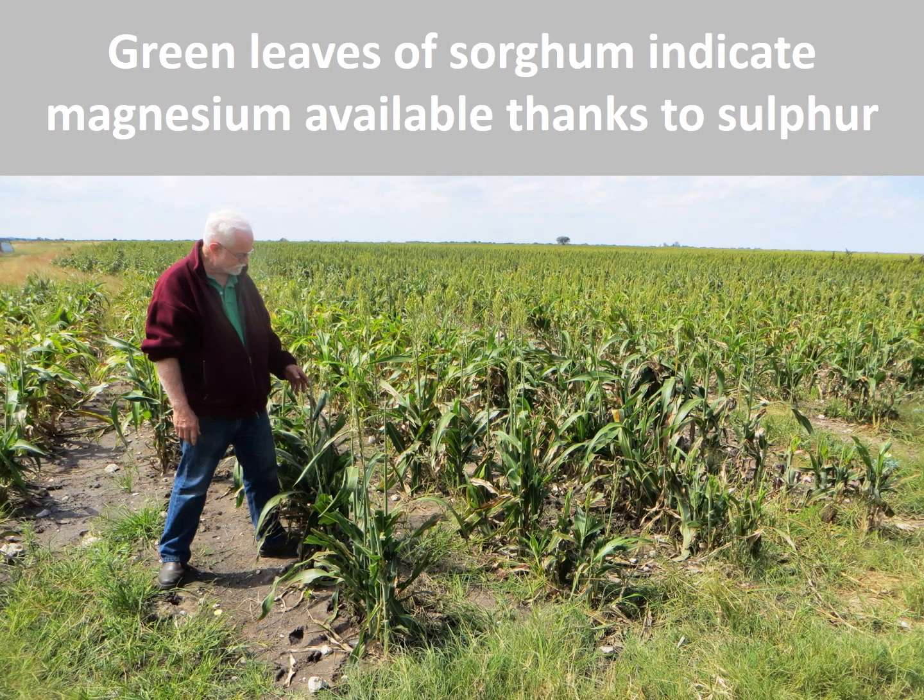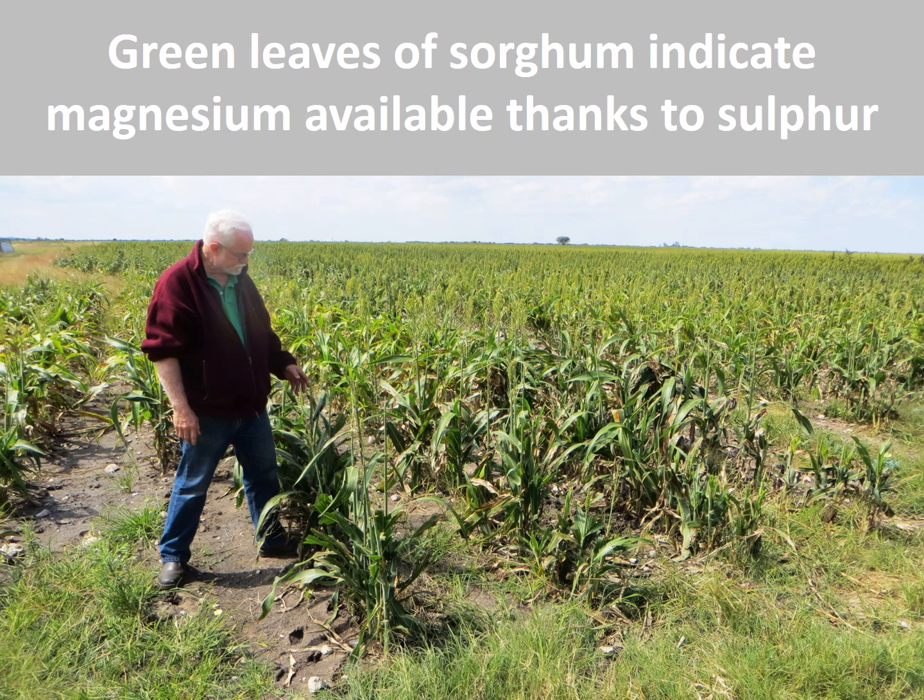This was sorghum, and we were looking out there at the sorghum where its leaves were dark green, a sign that the plant was getting enough magnesium, because that dark green is chlorophyll, and chlorophyll requires magnesium. Well, you can't make good dark leaves on this kind of plant without magnesium uptake from the soil. And what provides magnesium uptake from the soil is actually sulfur.